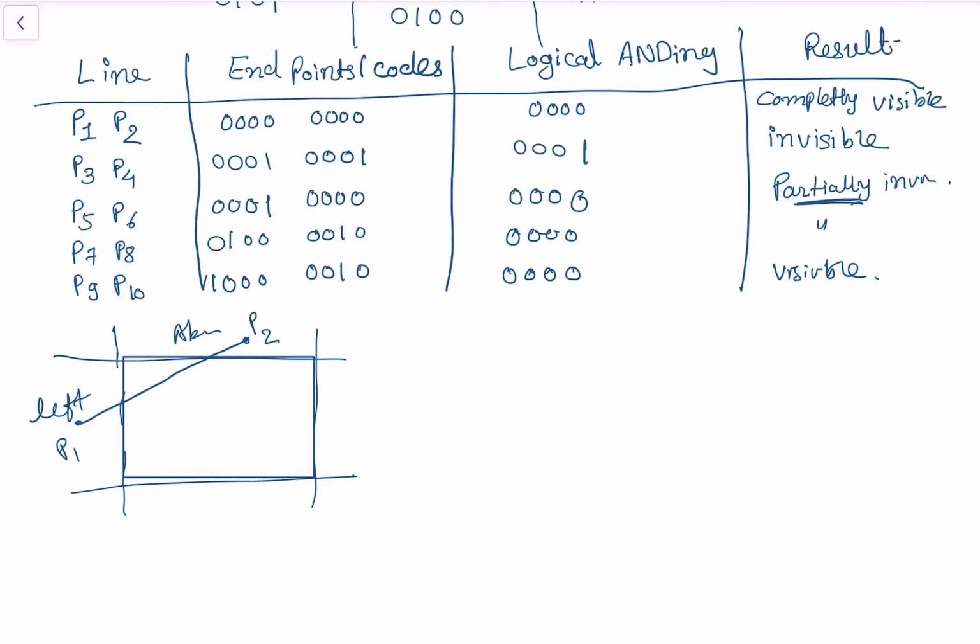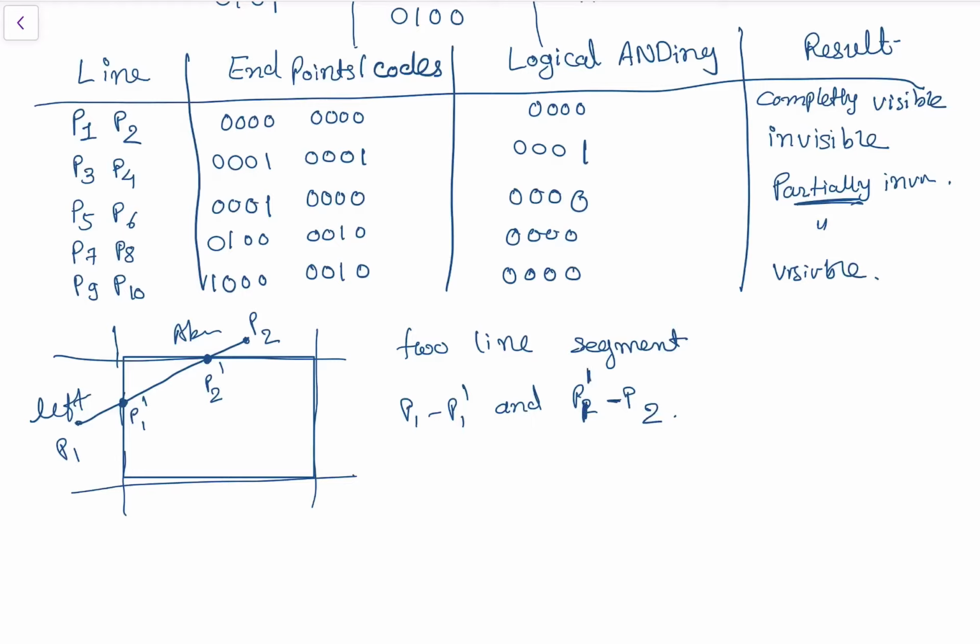So the line between P1 and P2 will be clipped by P1 dash and P2 dash as shown in the figure. Now the intersection point is found and we get two line segments, that is P1 to P1 dash and P1 dash to P2.